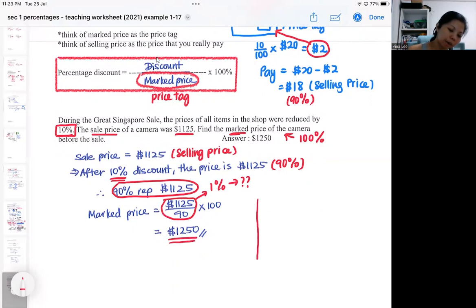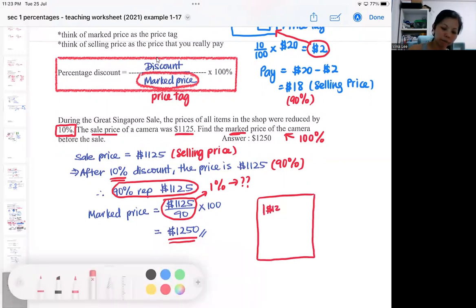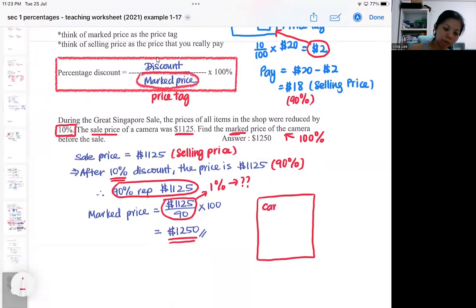You can actually work backwards if you want to. So you have a camera. The camera is $1250. Let's say you take a 10% discount.